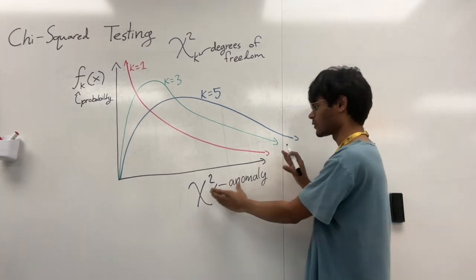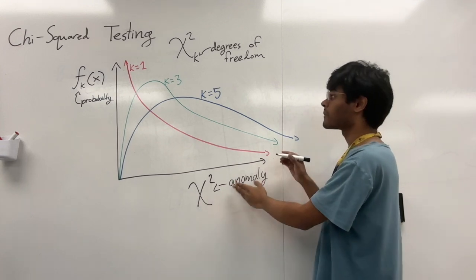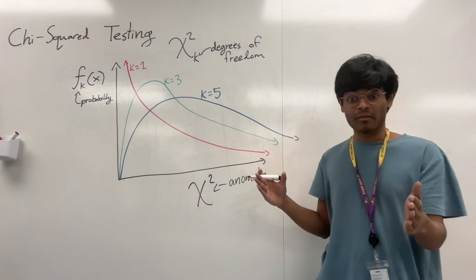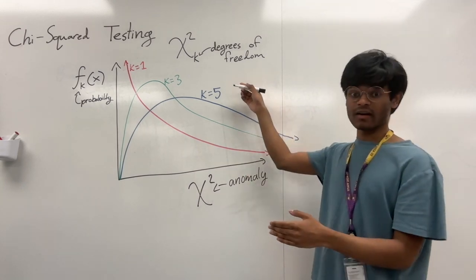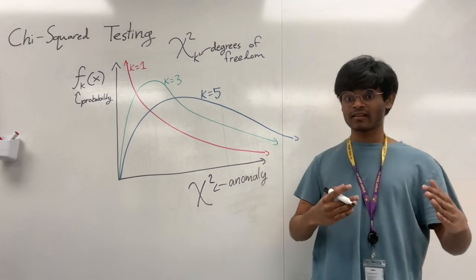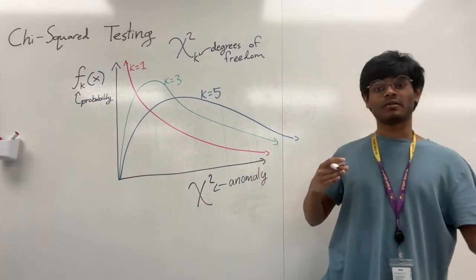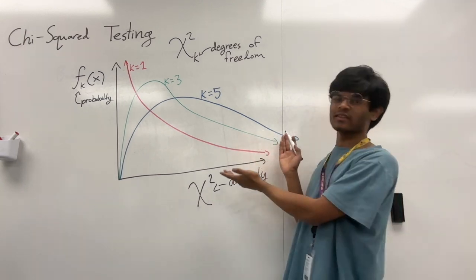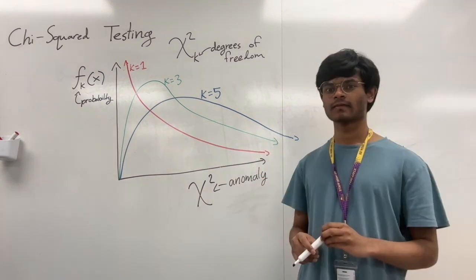We calculate that chi-squared statistic, which we compare with the set of anomalies that would be random anomalies based on our degrees of freedom. And we see whether our anomaly is surprising, whether we see more anomaly than what we'd be comfortable with saying, yeah, that's probably just from randomness.